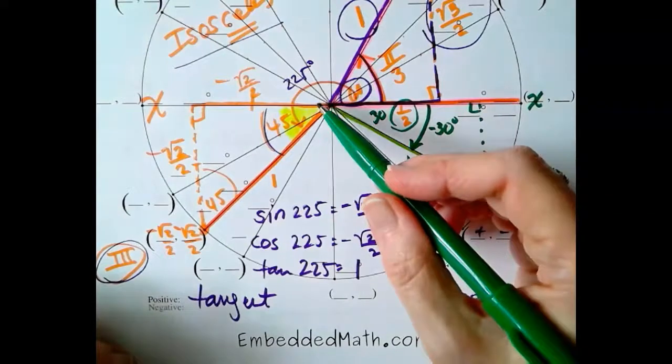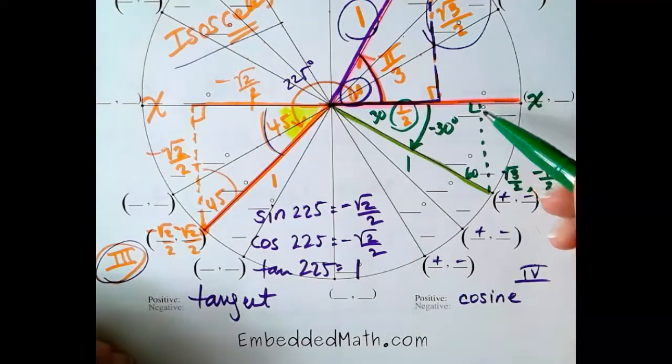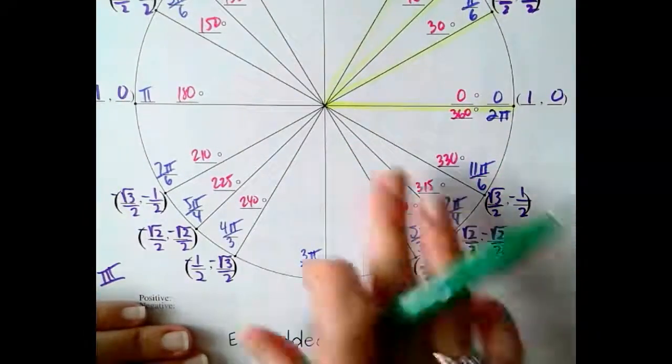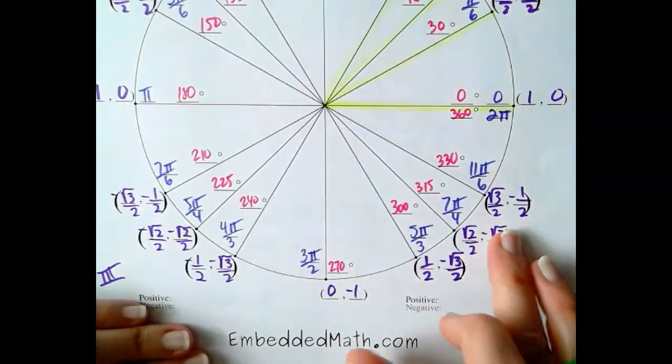We can see that happening. Root 3 over 2, down negative half. Once again, should be all neatly written on your unit circle that you should be very, very familiar with.